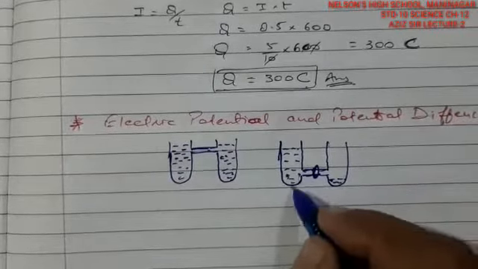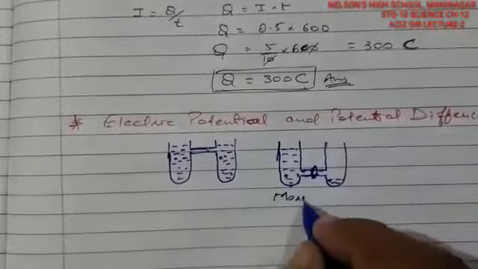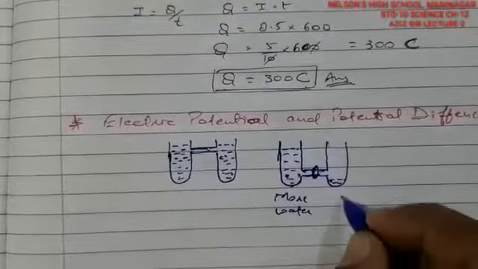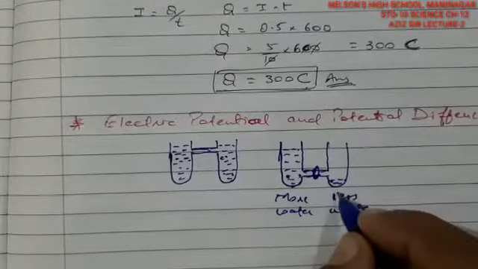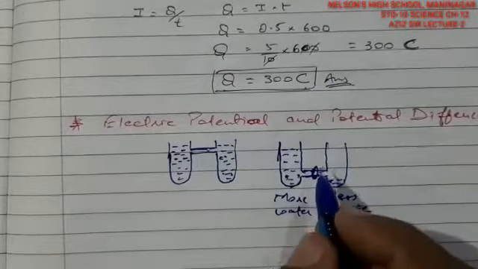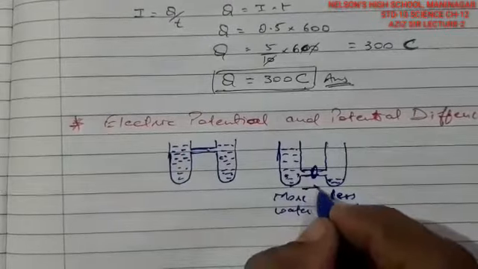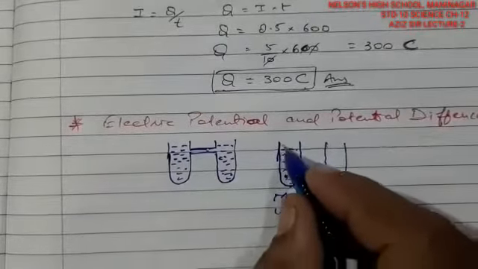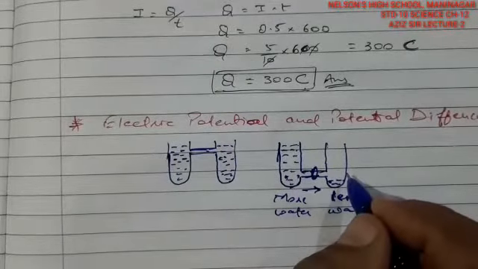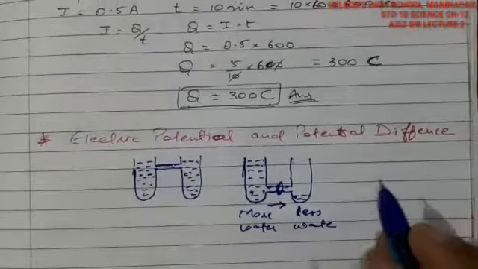So this has more water and this has less water. The chance is that the water is going to flow from here to here and get equalized. That extra amount of water here is going to pass through and become equal.